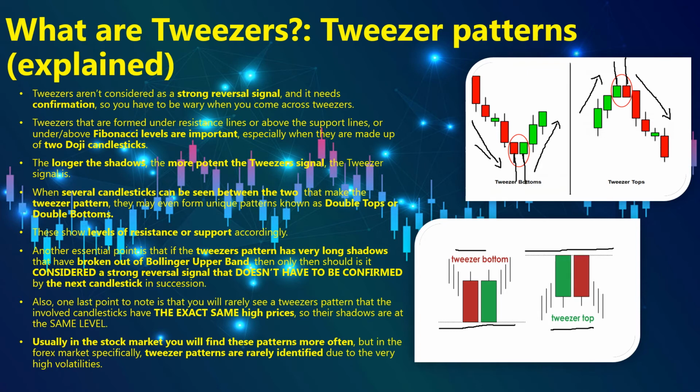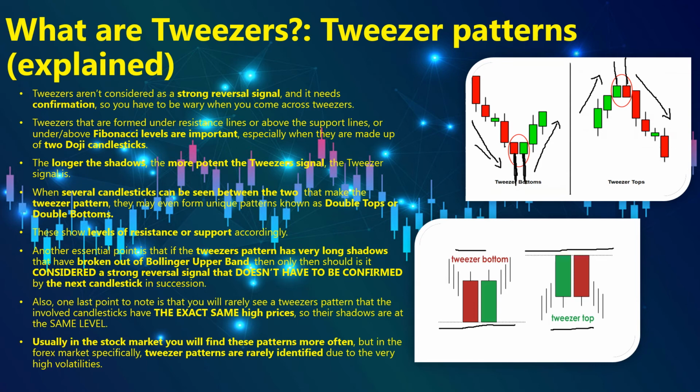Okay, let's see the picture again. Here, if the shadow is longer, this is what I mean by a longer shadow. If the shadow is longer, it doesn't need the confirmation candlestick. That's a strong signal.